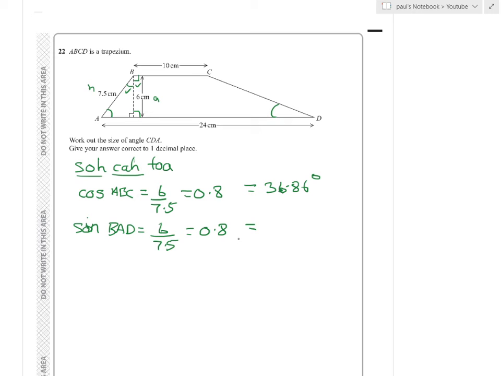So shift sine 0.8 equals 53.13. I know that. So I've got all those angles there. So I found that angle. So I now know that one.